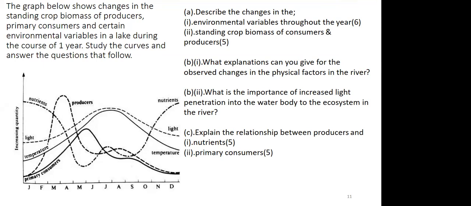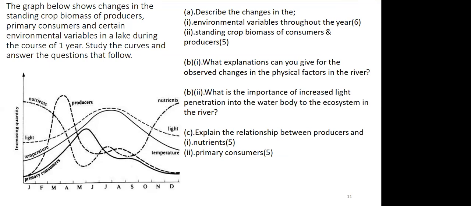Okay, thank you. I would like to thank you for trying to relate the physical factors to producers, but you have to be extremely careful as you do that. You need to ask yourself what physical factor these producers need.